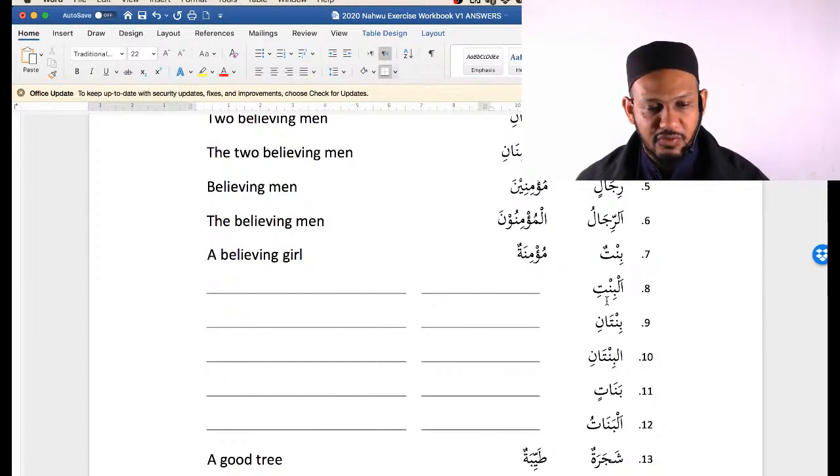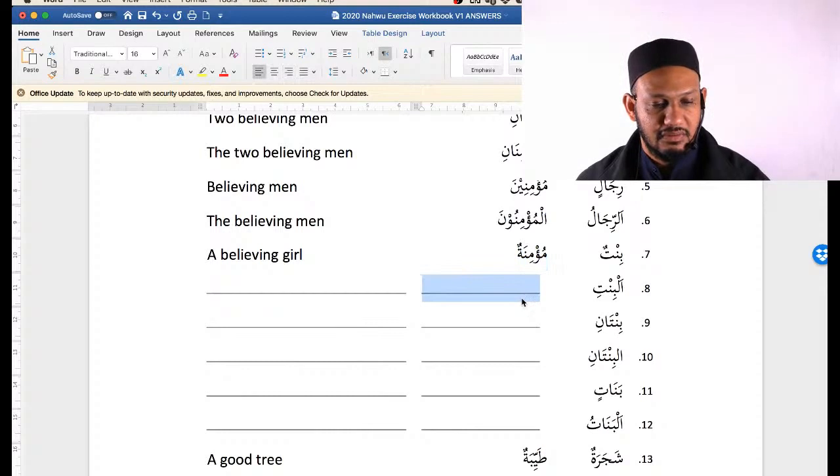So if I had to make a Siffa Mawsuf here, al-binti will become what? I want to make a Siffa Mawsuf description.